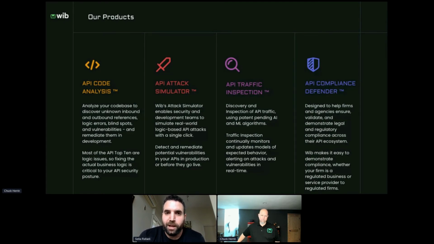So any CISO that works at a company that has a public-facing or partner-facing API should be very worried whether this API was implemented perfectly, because if it was not, then tools such as the attack simulator will automatically find the vulnerabilities within the API and will let an attacker have access to more data than you could probably foresee.